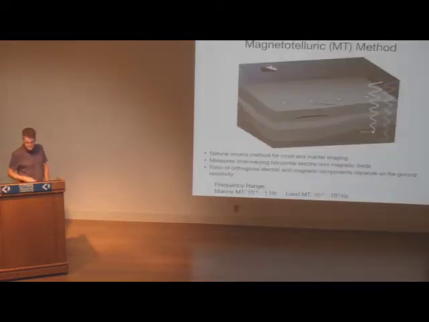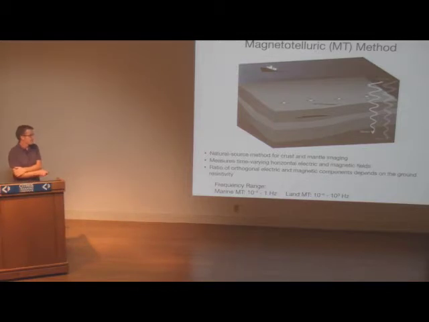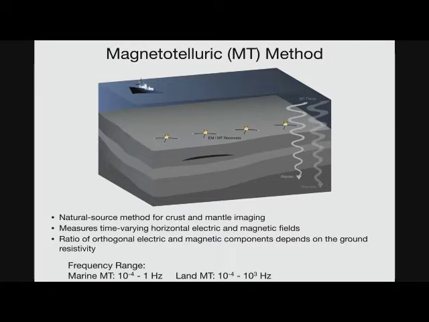So that's basically the basis of what's known as the magnetotelluric method, which I already mentioned a little bit, where we've got these plane EM waves diffusing down into the ground. It's a low frequency technique. We tend to measure the fields at very low frequencies, down to about a tenth of a millihertz or so. In the ocean, we can measure up to about 1 hertz or so. On land, you can get much higher frequencies, up to around a kilohertz or so.